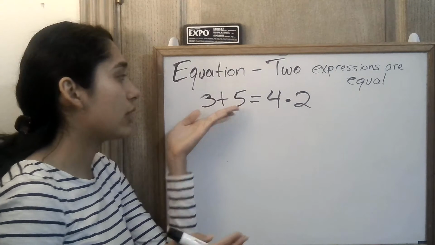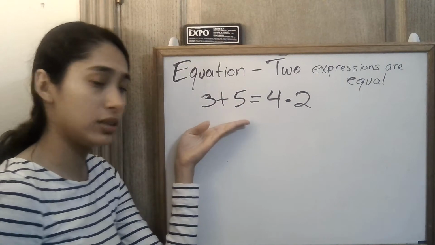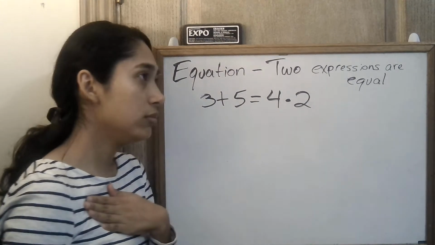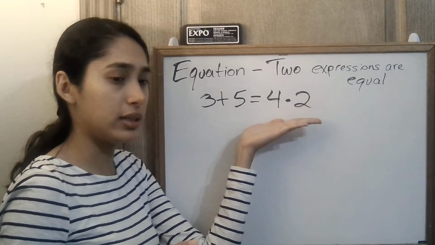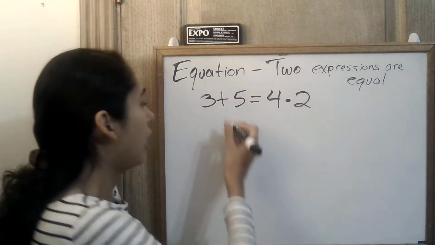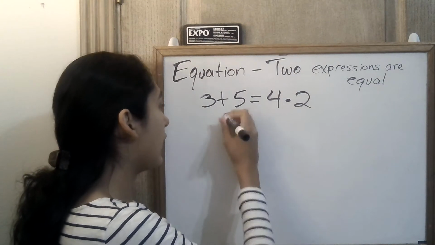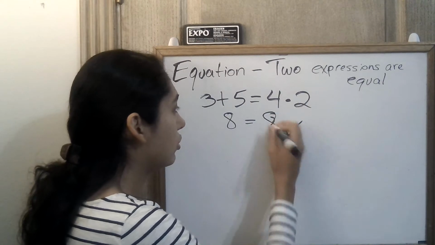So here we just have constants on this expression, and we're stating that this is equal to the expression on this side, which coincidentally also only has two constants. So really 3 plus 5 is 8, 8 is equal to 8, that is true.